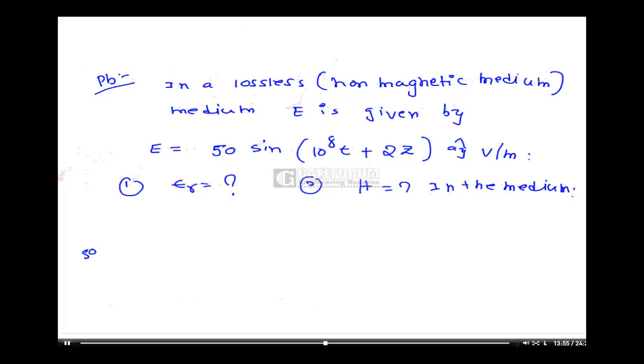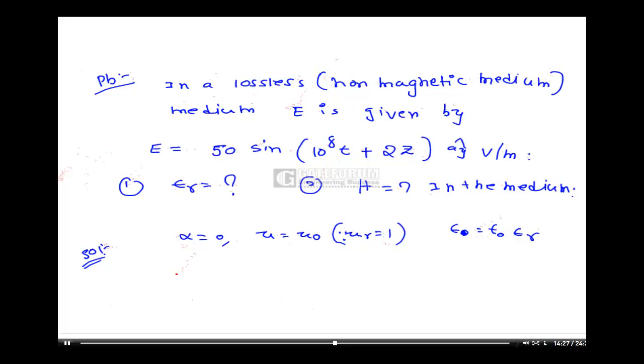The solution to this is, first of all, write down the given data. From that, how to relate unknown data. Lossless medium means alpha is equal to 0, mu is equal to mu naught, because lossless medium is also non-magnetic medium. That's why mu r is equal to 1. Therefore, mu is equal to mu naught only. Epsilon is equal to epsilon naught into epsilon r.